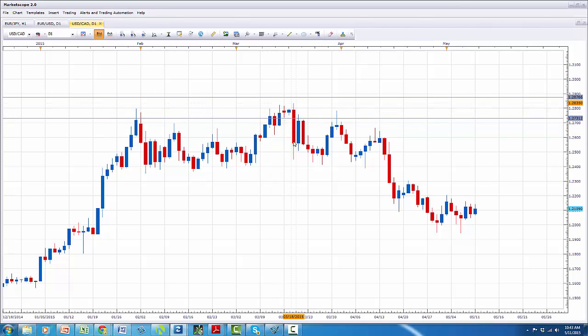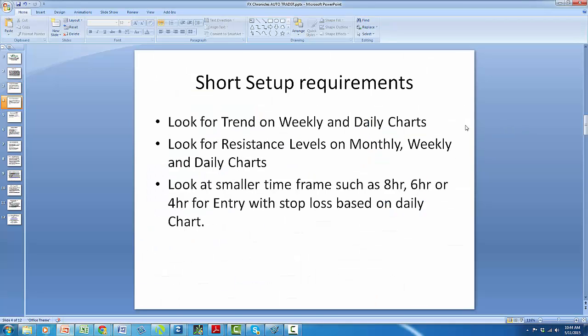Then it comes here and bam, it comes down. There is some support here. We can see that we have the inverted hammer, and it goes up. But then it hits resistance right here.